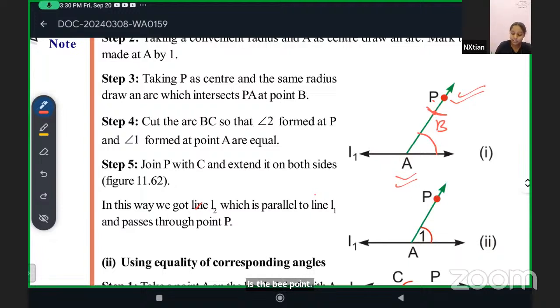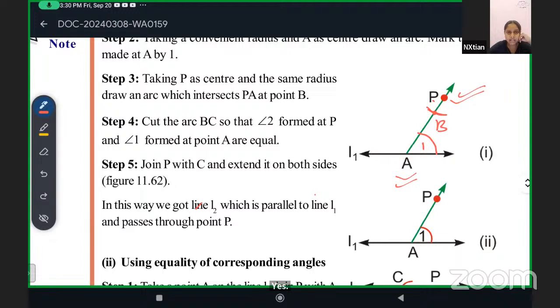And this angle, you can name it angle 1. Angle 1. Simran, hope you are able to make it. So here the B point.